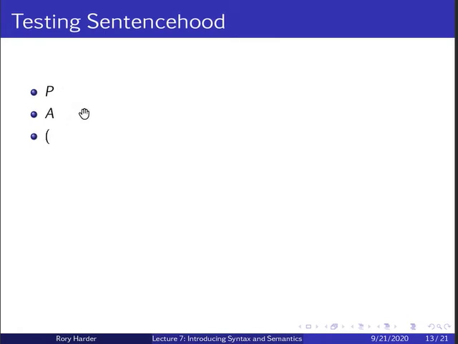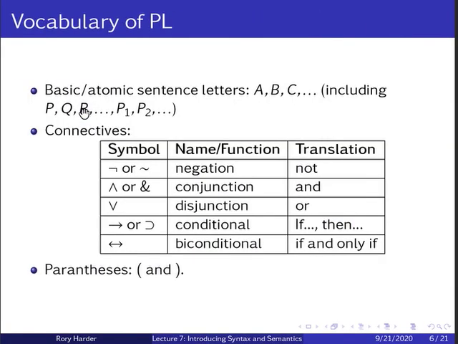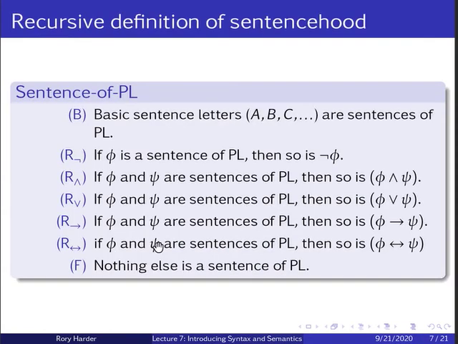Now here I have just a single bracket, or parenthesis. Is that single parenthesis a sentence of our language? The answer is no, it's not. The parenthesis is used as a part of the vocabulary, and it does show up when we construct complicated sentences using the connectives.